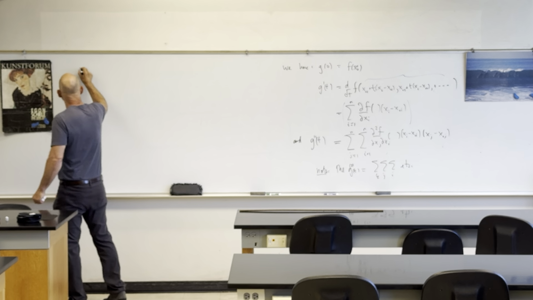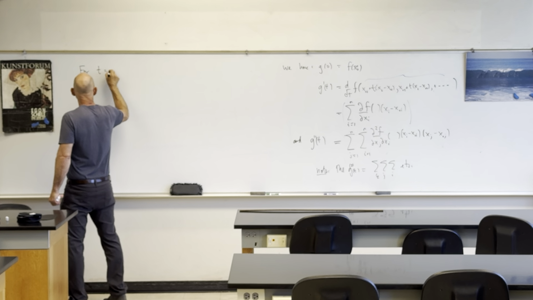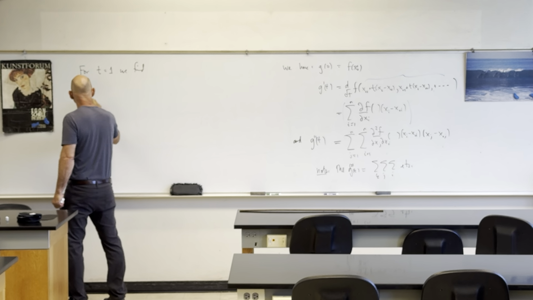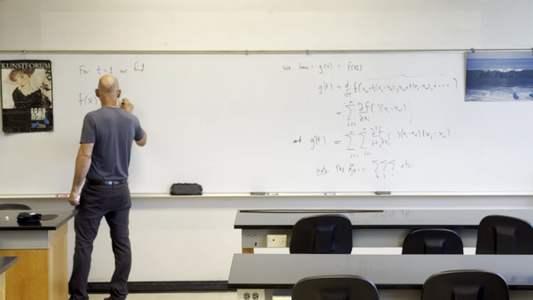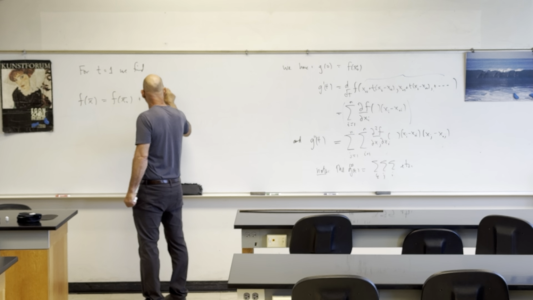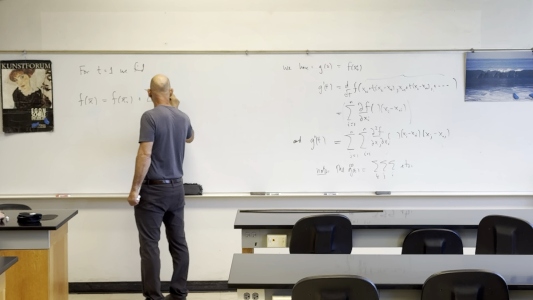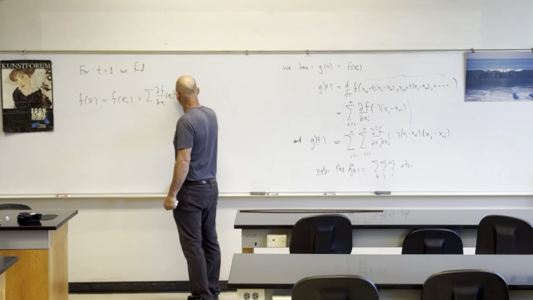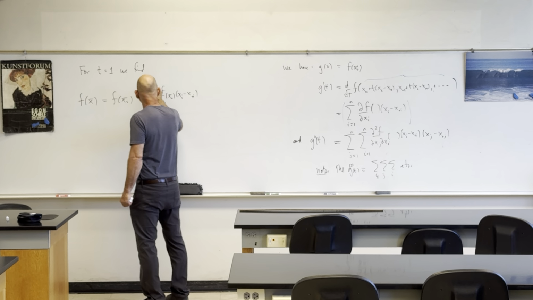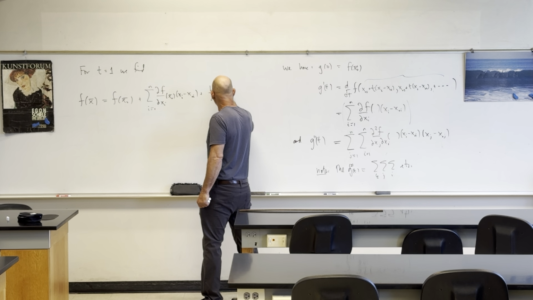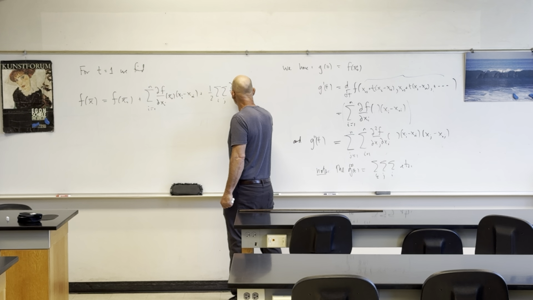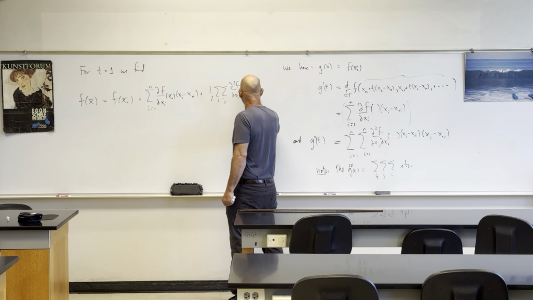So for t equals 1, we find the following. f of x equals f of x0 plus the sum over i equals 1 to n of the partial of f with respect to xi at x0, times xi minus x0i, plus one half the double sum over i and j of the second partial with respect to xi and xj at x0.